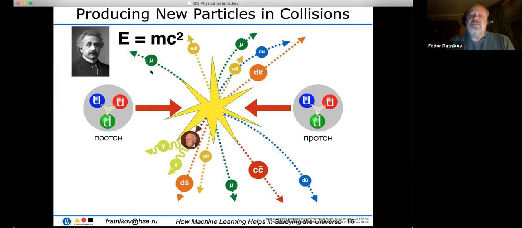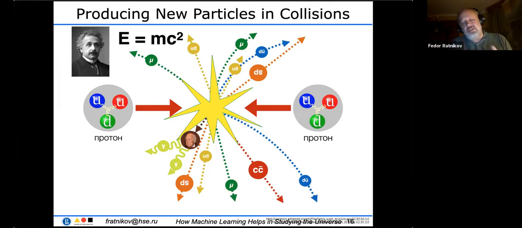Essentially, we still follow Einstein's famous formula that energy is related to mass. Usually we know it in the direction that if we have two particles which annihilate, then we extract energy. But the opposite is also valid: if we concentrate energy at some point, it could produce a new particle, so new material.